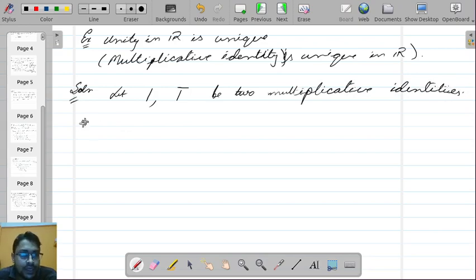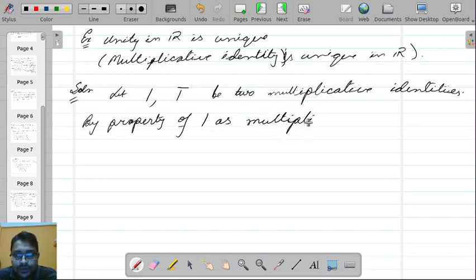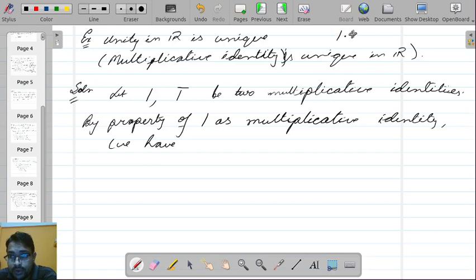Then by property of 1 as multiplicative identity, the property was 1 into a equal to a into 1 for all a inside the set of real numbers.